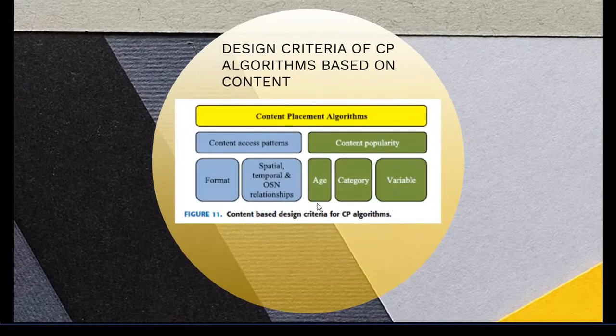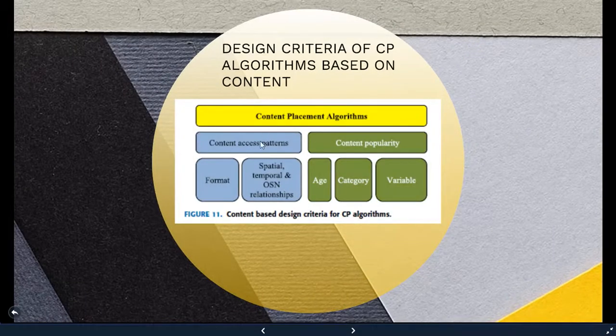So the design criteria of content placement algorithms is mainly divided into two types: the one which depends on content access patterns, and the one which depends on content popularity. We design algorithms using content access patterns by taking the format into account.